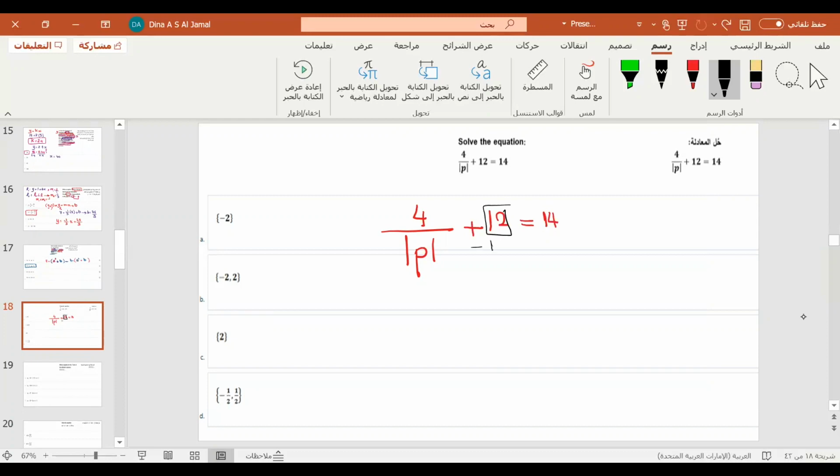So minus 12 minus 12. So 4 over absolute value of p is equal to 2. Now, what I can do is that I would like to make the absolute value of p up. So what I can do is that I will be flipping the fractions.